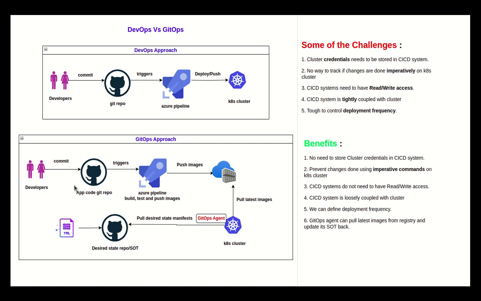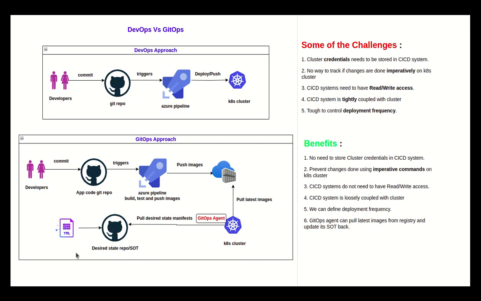In GitOps approach, it will be the same up to here. When this pipeline completes build, test, and pushing of the images to the container registry, what we do is we create one more Git repository, called the source of truth repository or desired state repo.